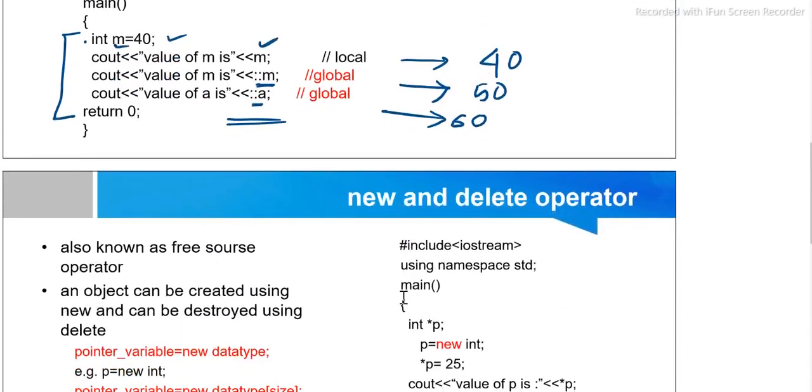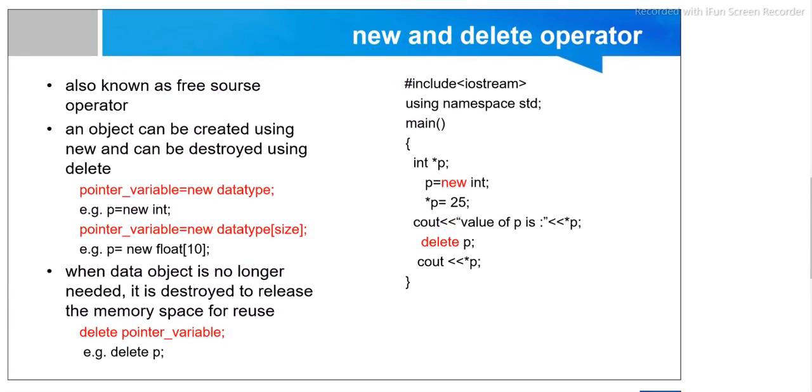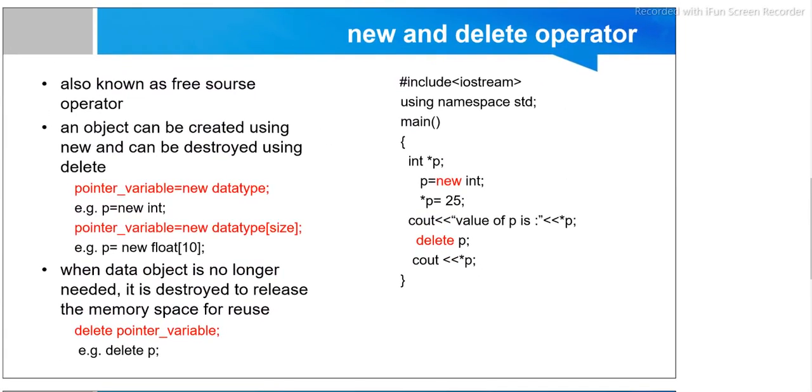The next type of operator is the new and delete operators. They are introduced in C++. In C we studied various memory management functions like calloc, malloc, realloc, free.